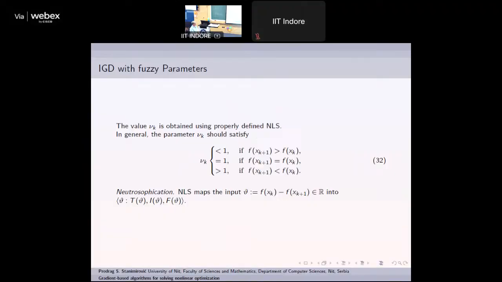It is a general rule. It is less than 1 if the goal function increased, greater than 1 if it is smaller. If we reduce the goal function, then increase the step size. If we obtain unwanted results, then reduce the step size.